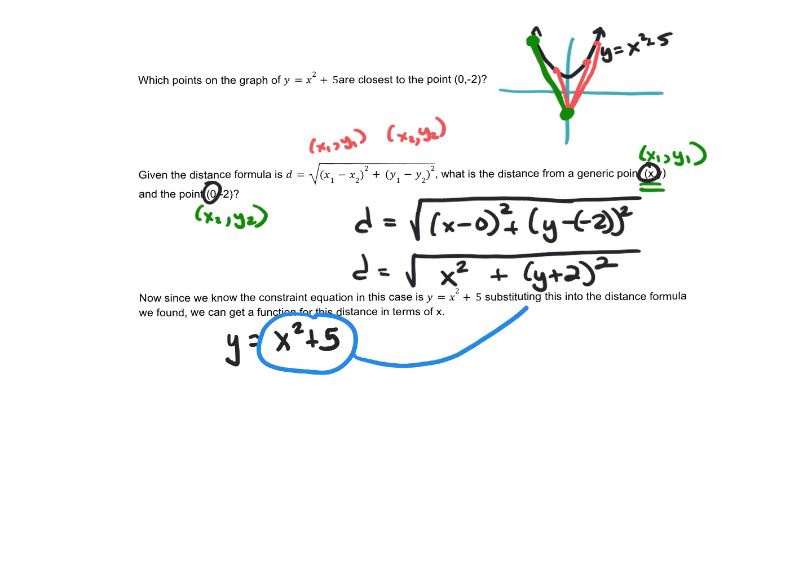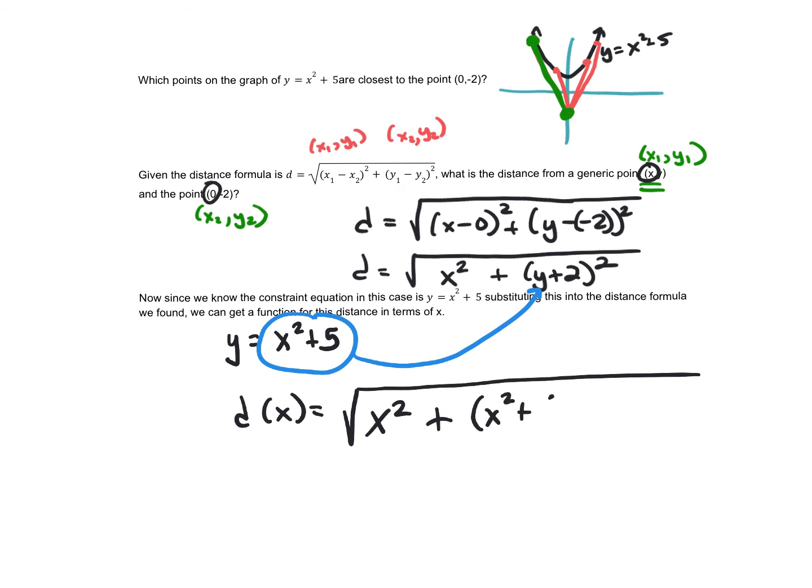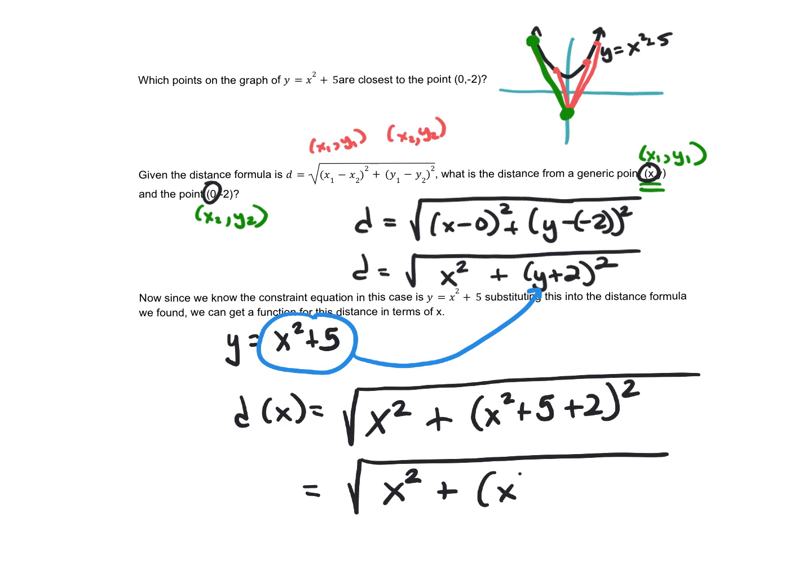So I can substitute that into this equation. So my distance function in terms of x will simply be the square root of x squared plus x squared plus 5 plus 2, squared. So that will give me a distance of the square root of x squared plus x squared plus 7, squared.